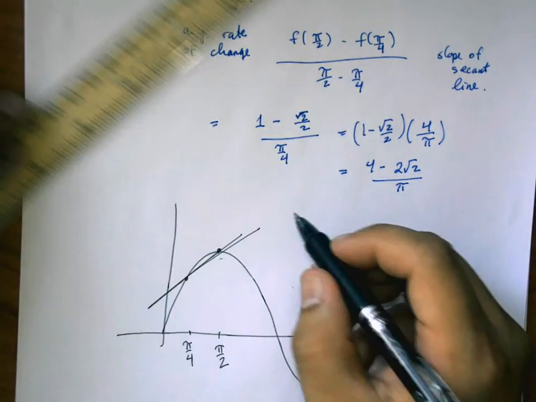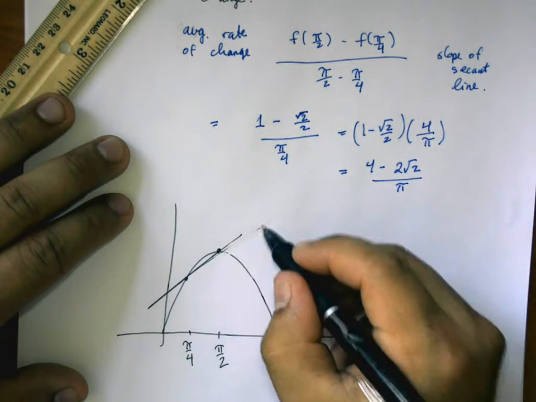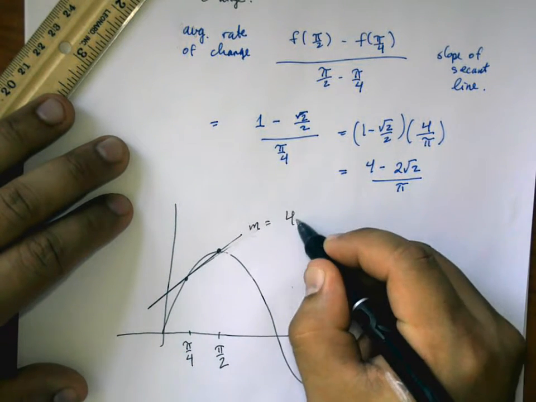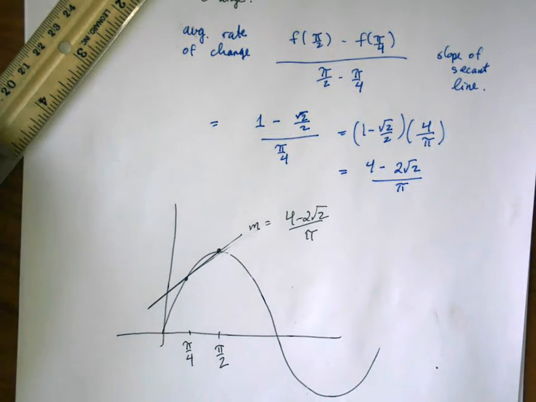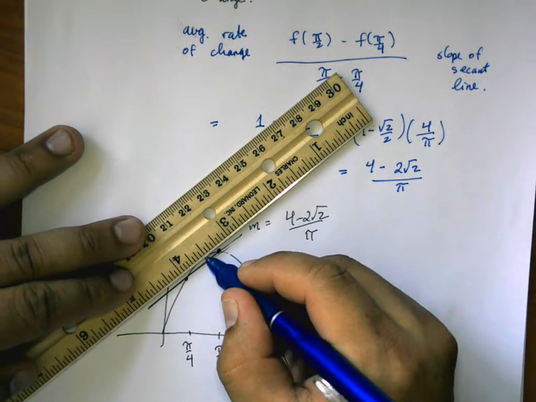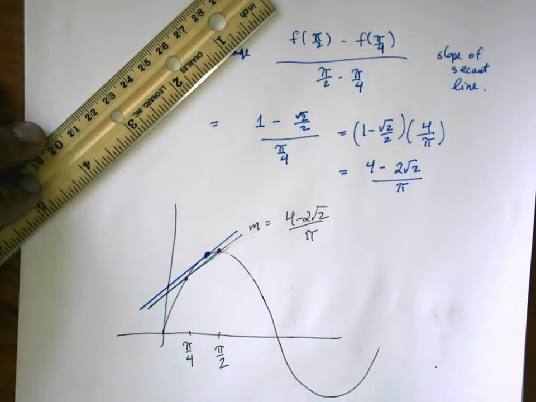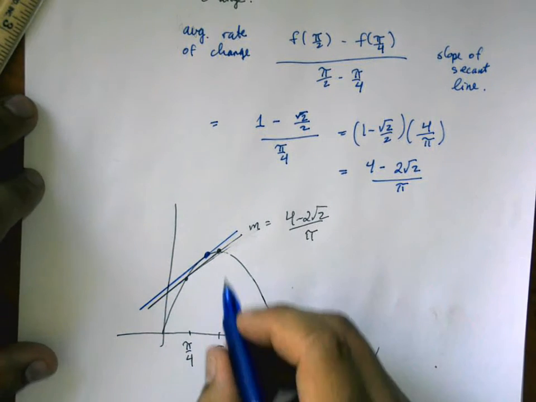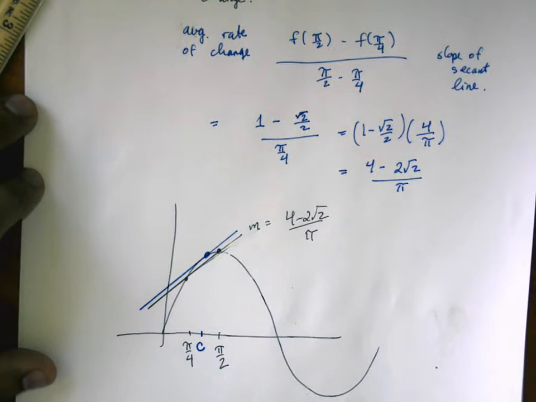This slope right here is equal to 4 minus 2 root 2 over pi. Okay? And we know that there is some other point in here somewhere where the instantaneous rate of change is exactly equal to the same thing, and we want to figure out what the value of C is.